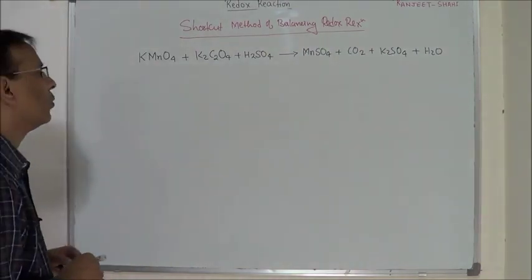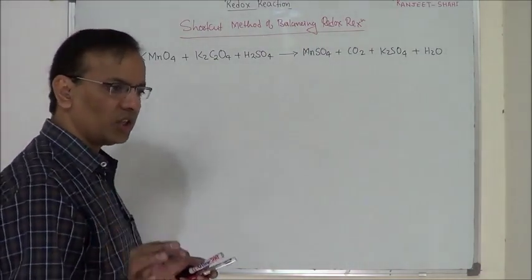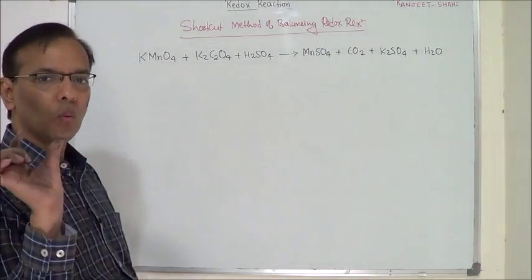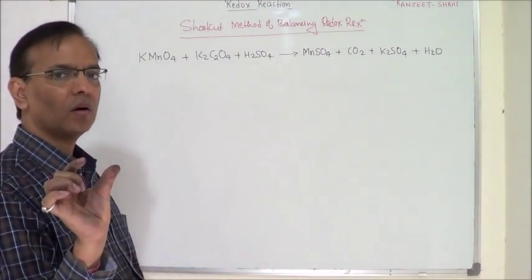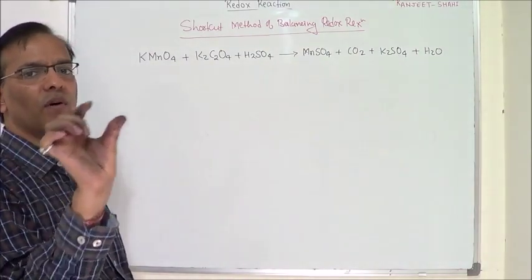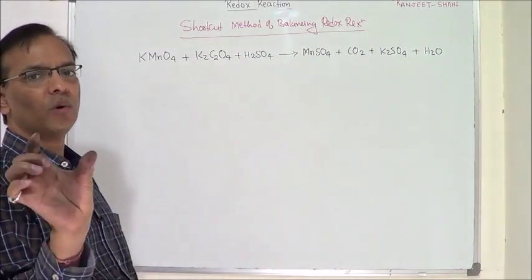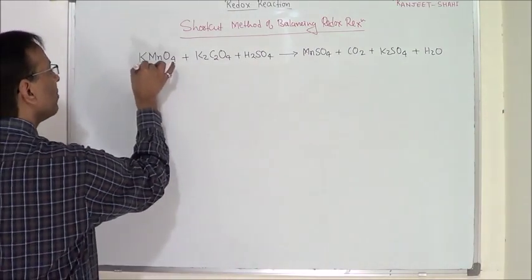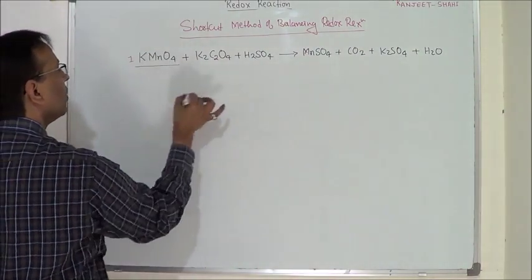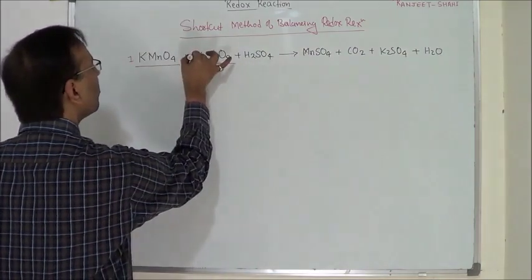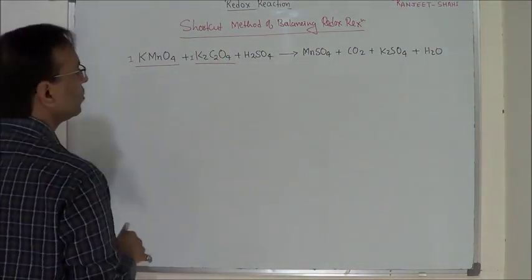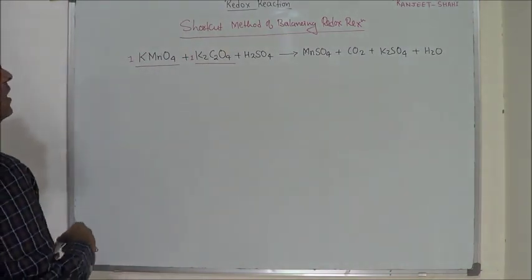What we'll have to do is find the change in oxidation number for one formula unit of oxidizing agent and one formula unit of reducing agent. So for 1, 1 we want to determine the change.